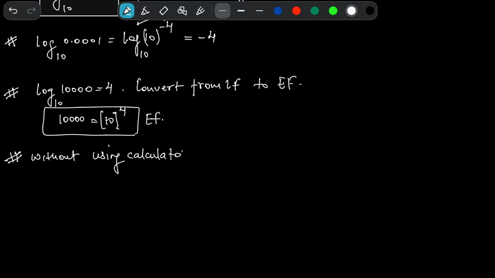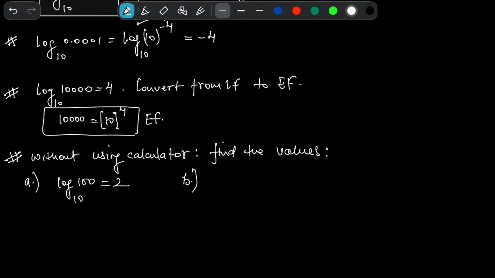So here we have to use our basic understanding. Without using calculator, find the value. So first part of it, let's take log of 100 with base 10. The question says how many tens should be multiplied to get 100? You will say 2. So this was very simple.